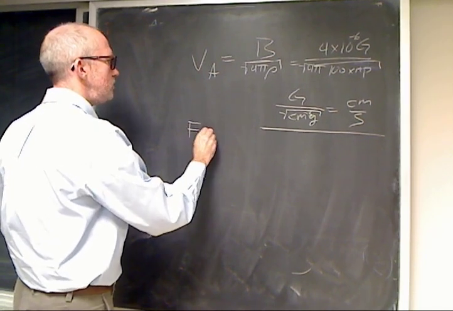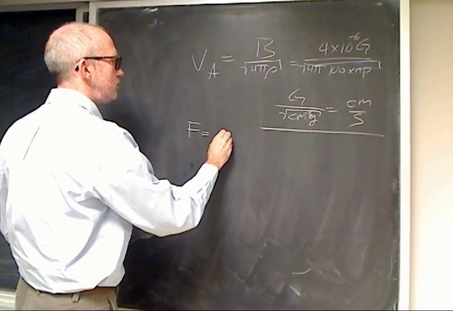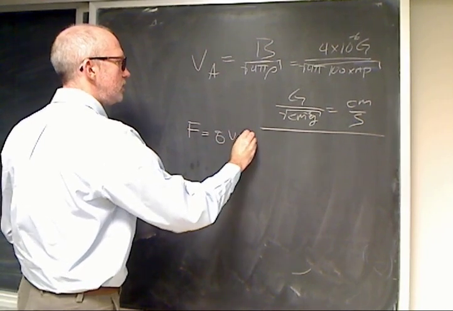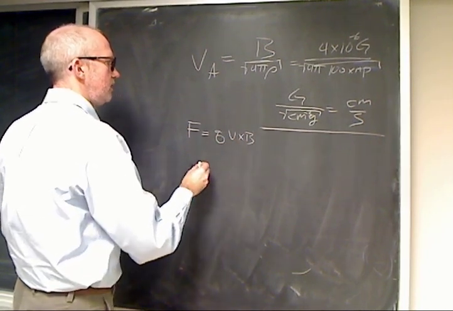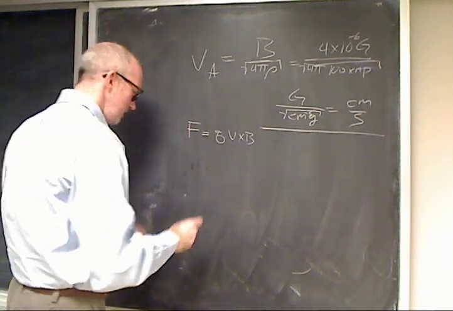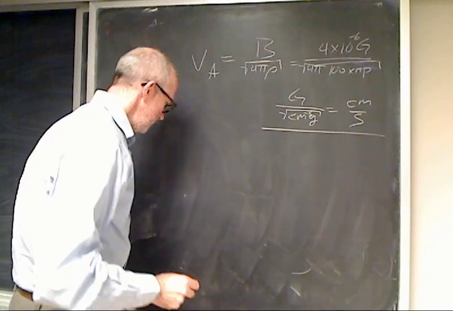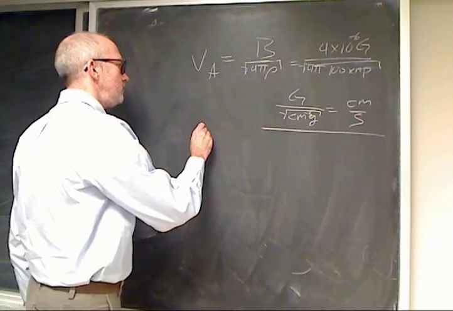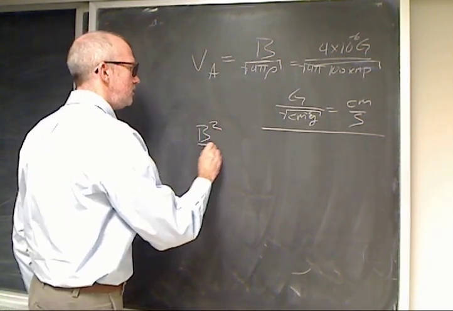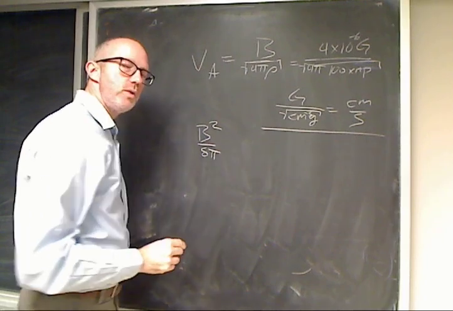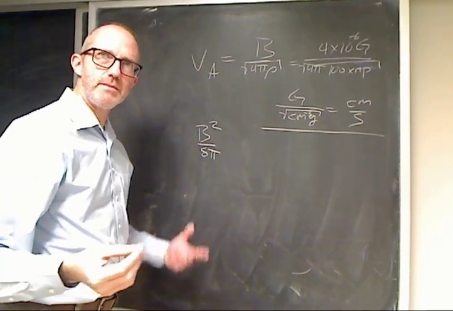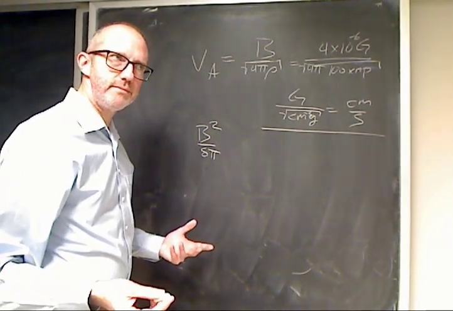Another way to see that is in the constituent equations. F equals QV cross B. Maybe that's not a good way to see it. That's a good way to get it, but it's not a useful way to see it. A more useful way, than the way I always do it: B squared over 8 pi is the magnetic energy density.